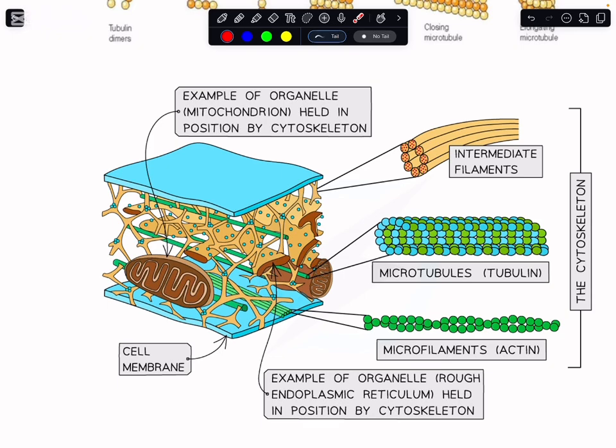Now, how is this cytoskeleton actually assisting the cell? As we have done earlier, we have these mitochondria and we were making the Golgi vesicles, and they move around in a cell. Whenever the organelles have to move around in a cell, they require a medium to attach to and then move.